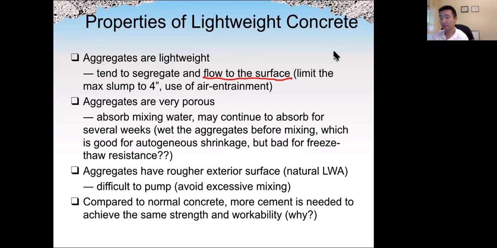The second one, the aggregate is very porous, and because of that, it will absorb a lot of mixing water. So remember, when we design our concrete, the moisture condition of the aggregate should be SSD, which means saturated surface dry. If lightweight aggregate is not in SSD condition, it will absorb a lot of moisture from the cement paste.